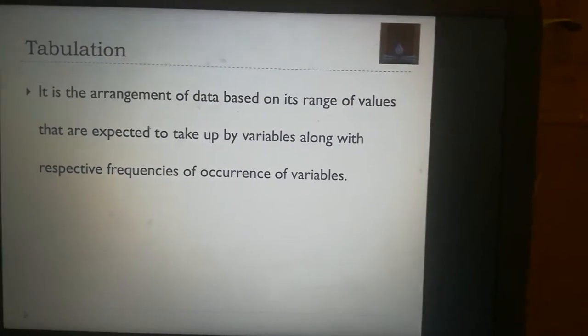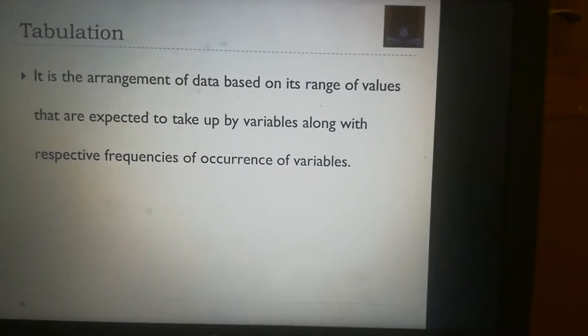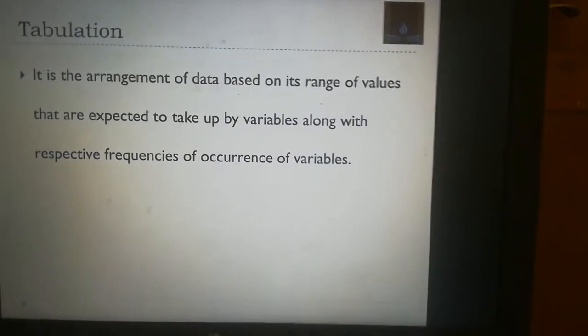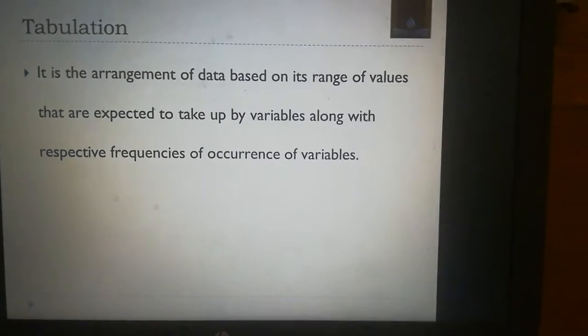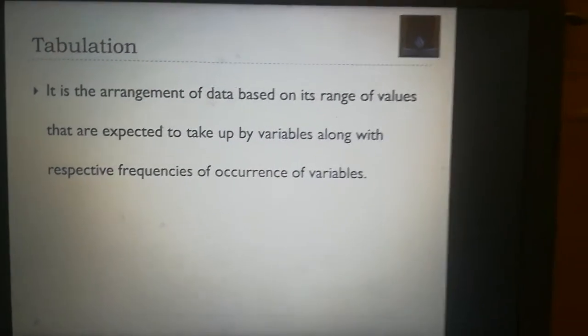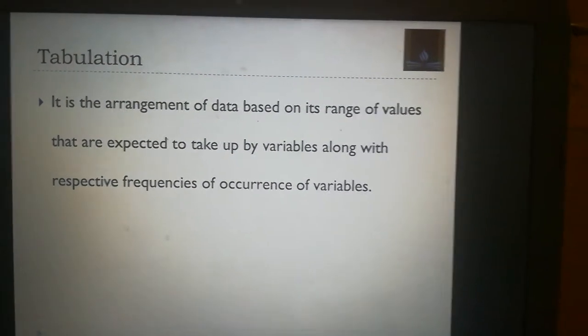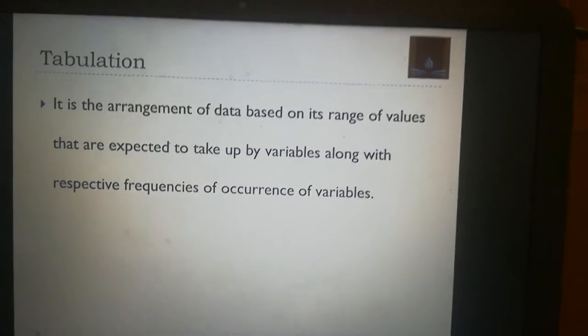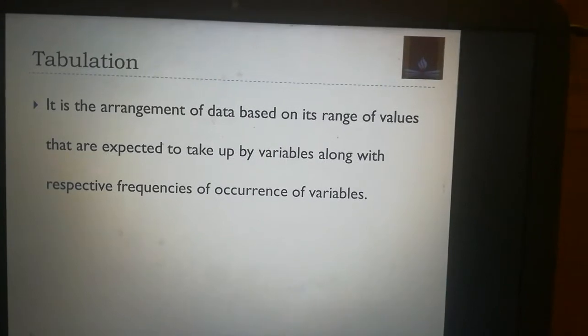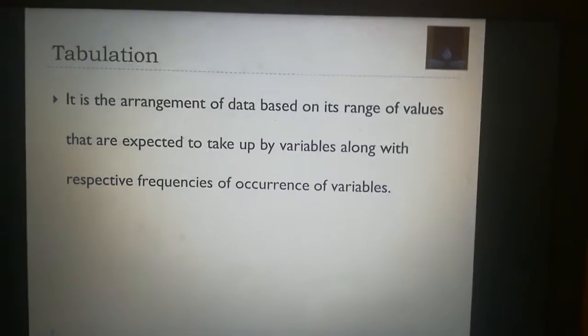And next one is tabulation. What do you mean by tabulation? It is nothing else but the arrangement of collected data based on the range of values taken up by the variable, along with the respective frequency or occurrence of the variable.